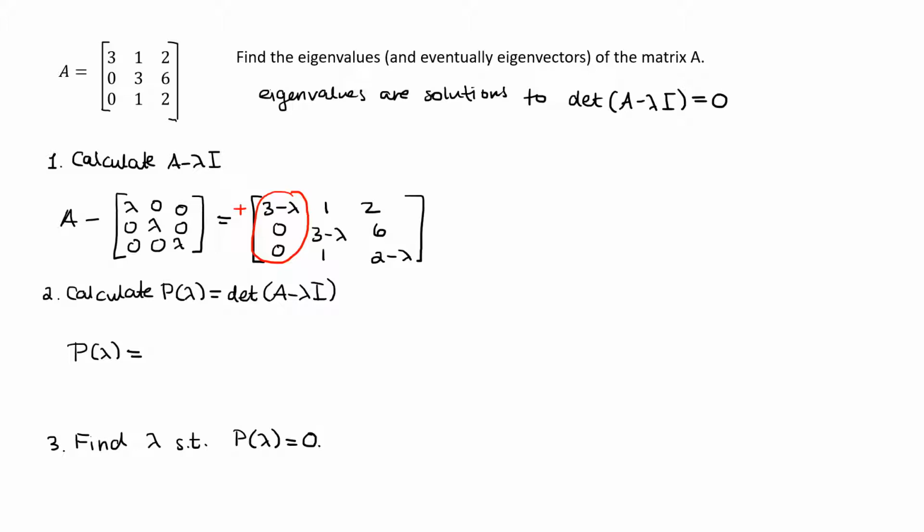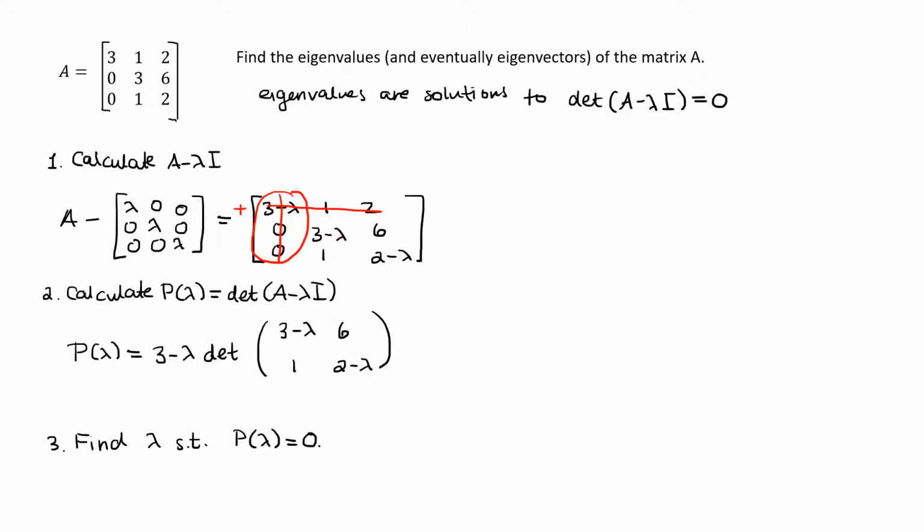So this determinant is equal to 3 minus lambda times the determinant of 3 minus lambda, 6, 1, 2 minus lambda. Remember that to find the little matrix that we're taking the determinant of, we need to cross out the row and the column containing 3 minus lambda. And so we record just everything that's left.